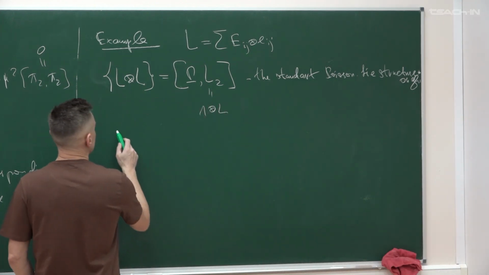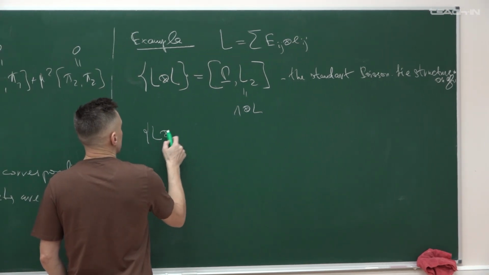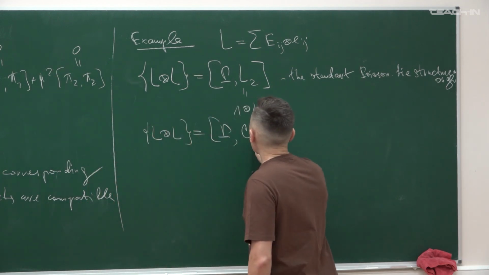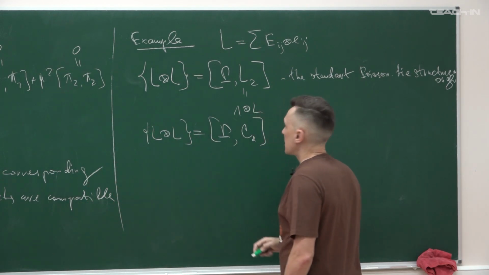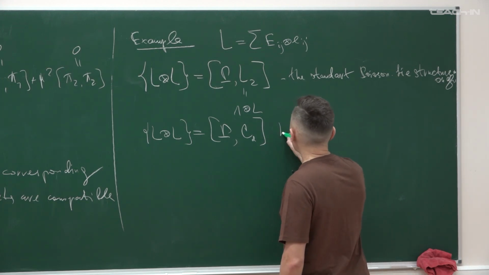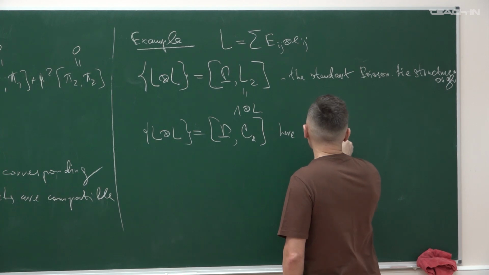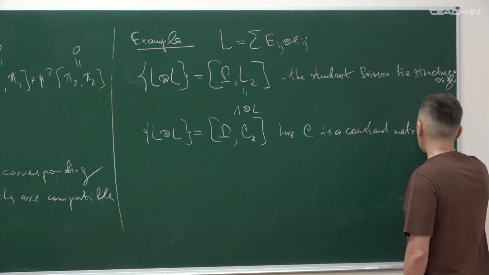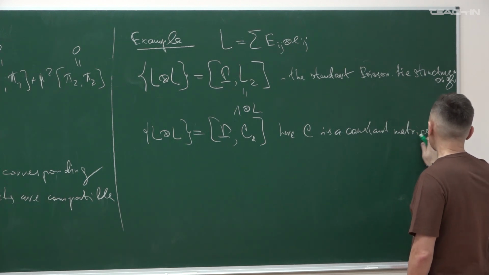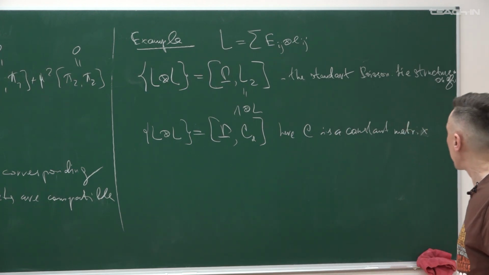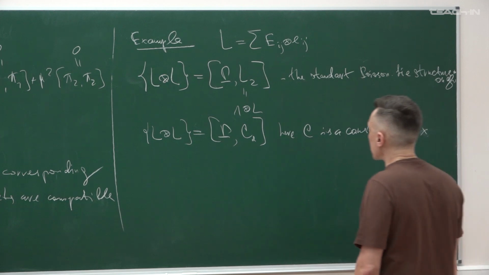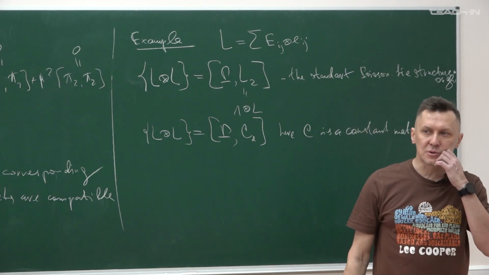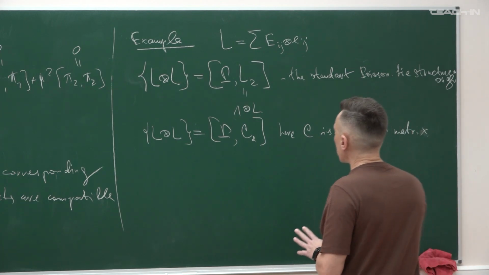So I'd like to consider another Poisson structure written in the same form, but with a constant matrix. Here C is a constant matrix. Let us realize when such an expression defines a Poisson structure. So you see it is different from this one.